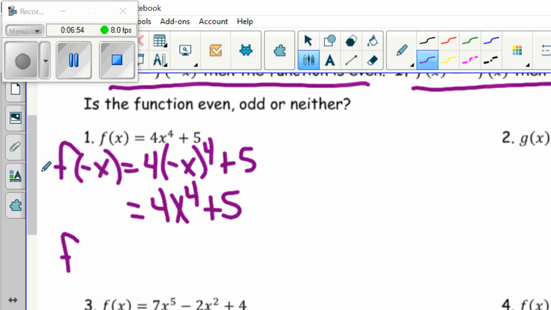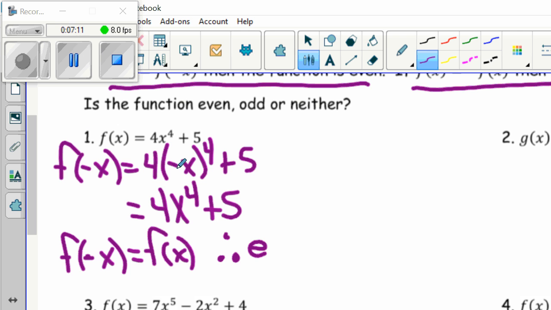So I got f of negative x equal to the exact same thing that I started out with, f of x. If f of x is equal to f of negative x, if when I plug in negative x, I get the exact same thing that I started out with, then it's even. So therefore, this is an even function, which means it's symmetric about the y-axis if I were to graph it.